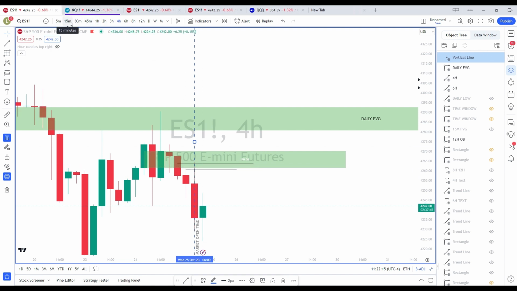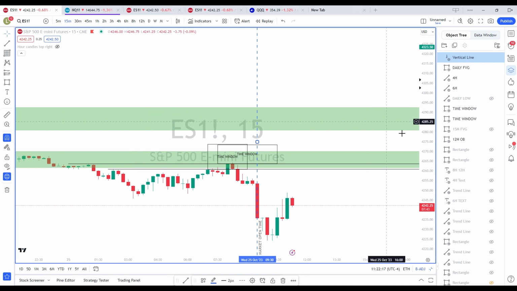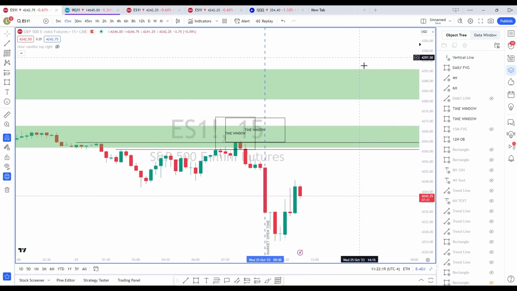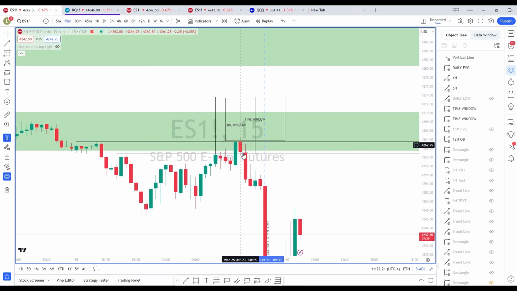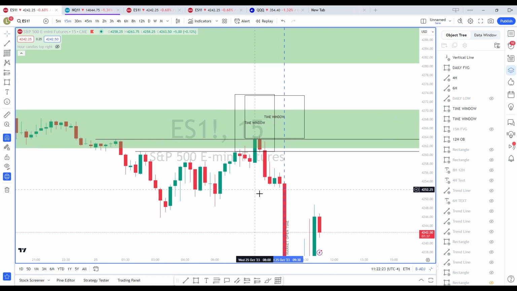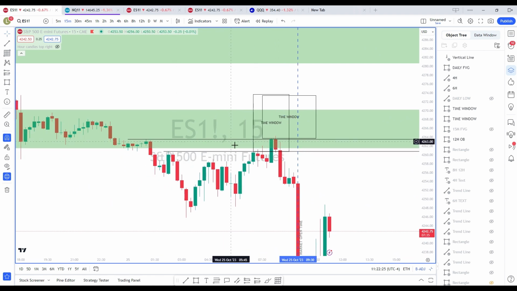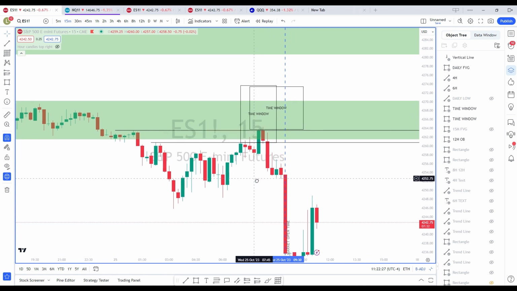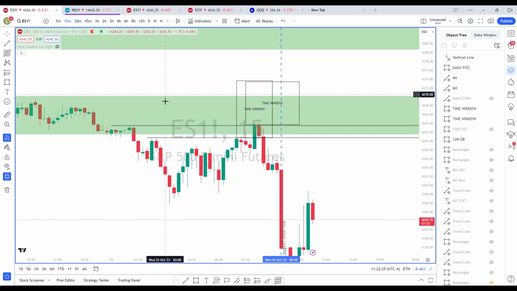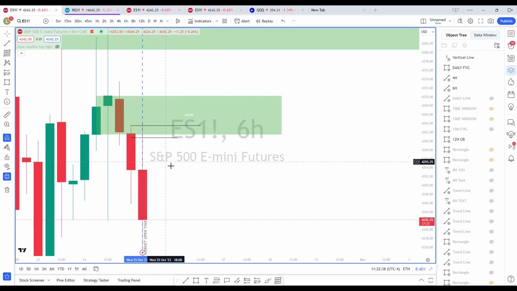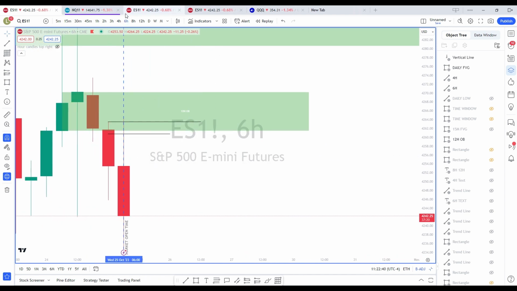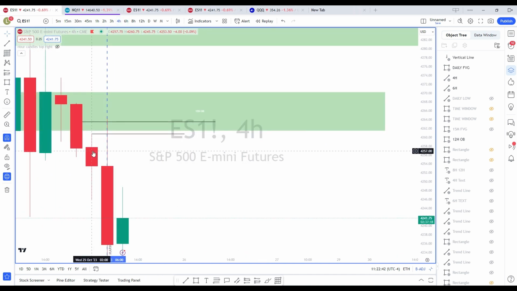So let's go to 15 minutes now. Right here, these are my time windows, and there were overlaps, and this is at 8, right? So we have established that this can be a good region. Remember this is a 12-hour order block, but more importantly, what is the previous candle? The 6-hour previous candle is red, the 4-hour previous candle is red.